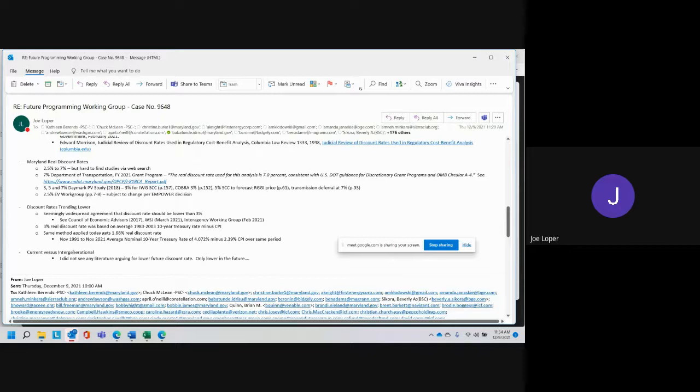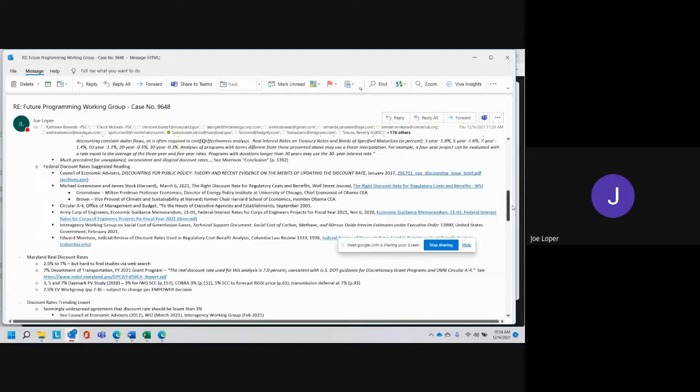And I still haven't seen any literature to support that. Again, I can make arguments in my head because I have a big imagination, but I'm not seeing any literature going in that direction. It all goes in the other direction, that the future intergenerational discount rate should be lower than the current generation discount rate.